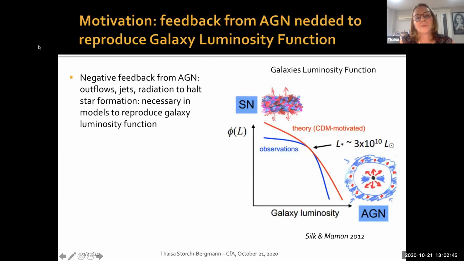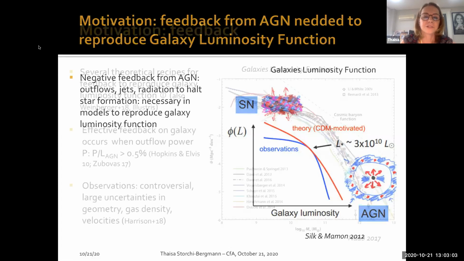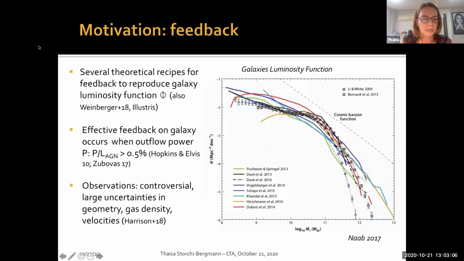So the feedback from active galactic nuclei, outflows, jets, radiation, is put in models to avoid the galaxies getting too big, and reproduce the luminosity function. So there are several models that use feedback recipes, but still the observational side is not well constrained. So it's important to do more observations of these feedback processes.